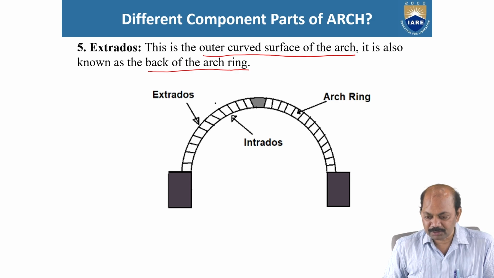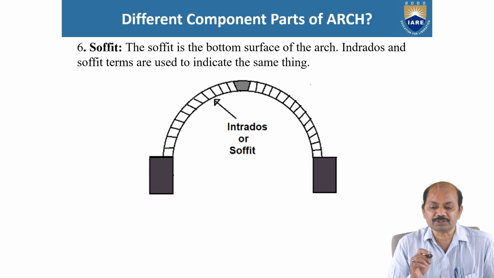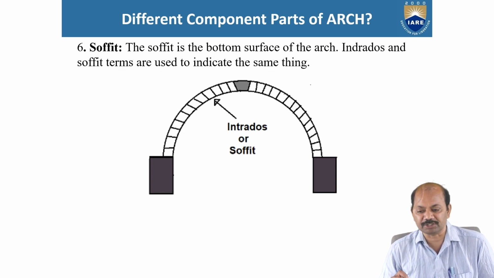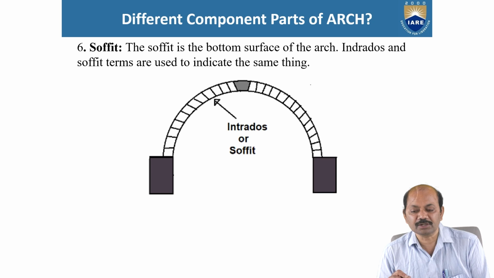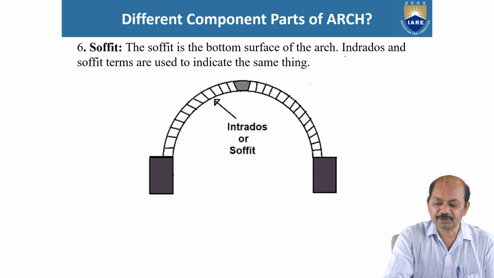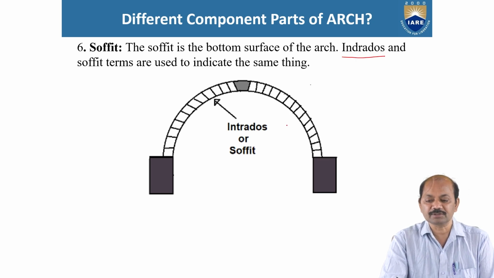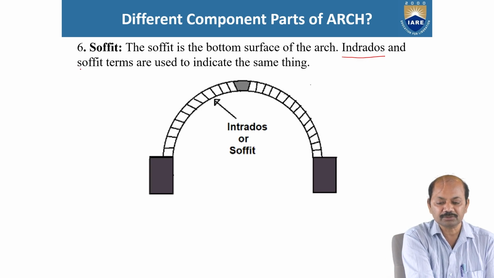Okay. Next, the sixth part is soffit. The soffit is the bottom surface of the arch. Intrados and soffit, don't get confused. Intrados is the inner surface, and soffit is also the same.